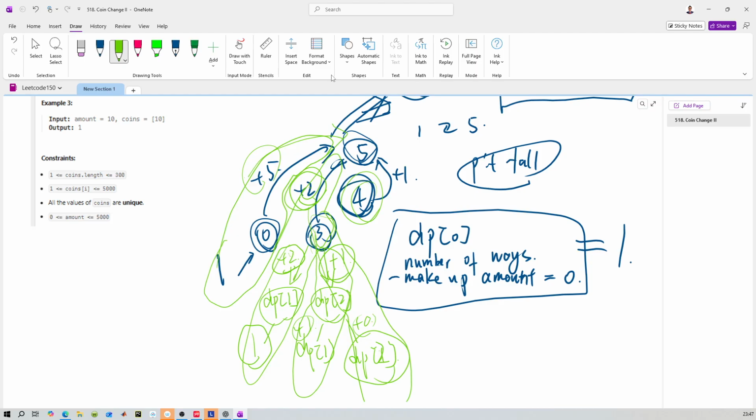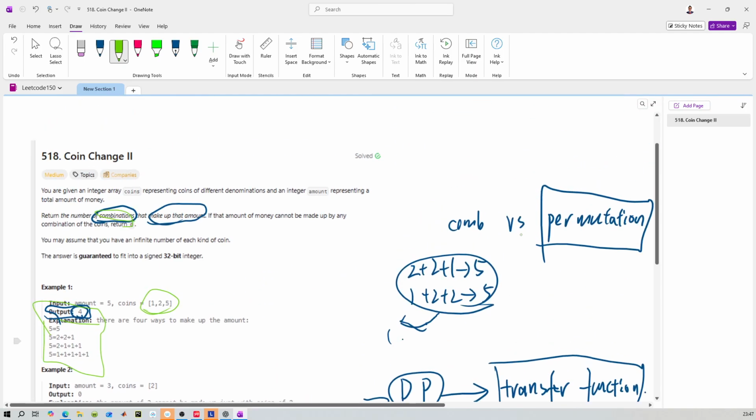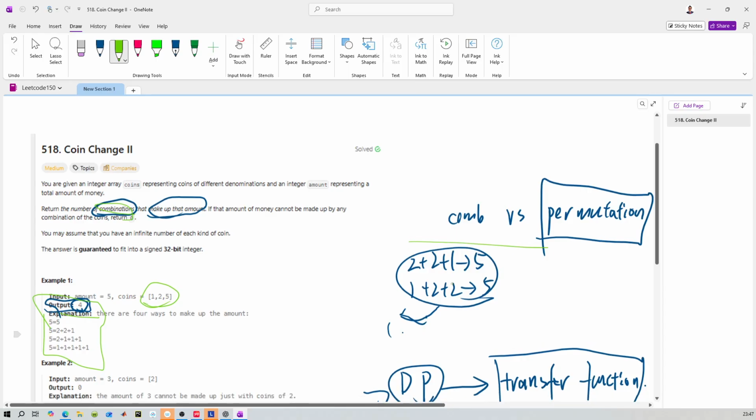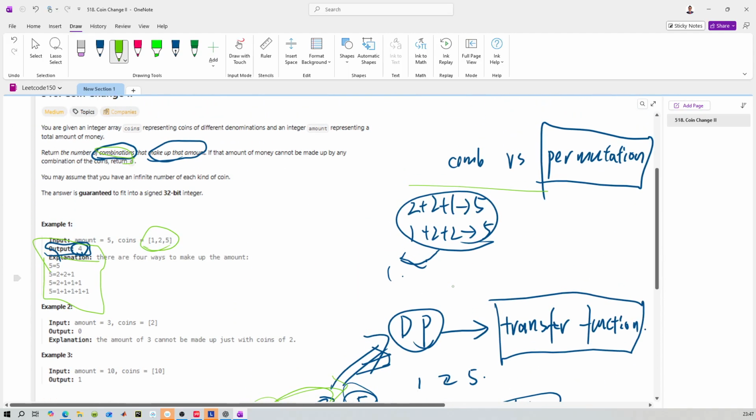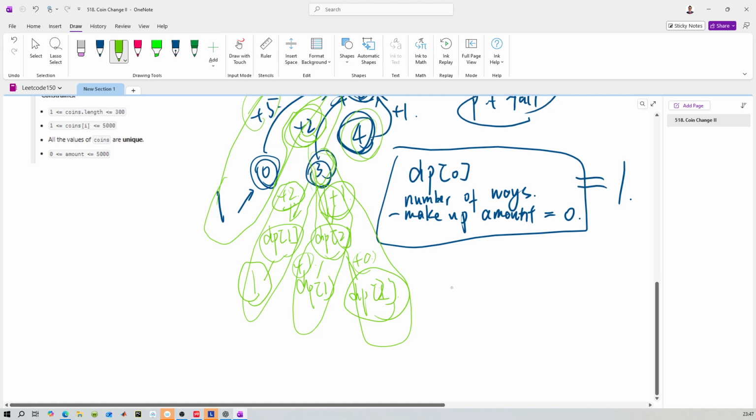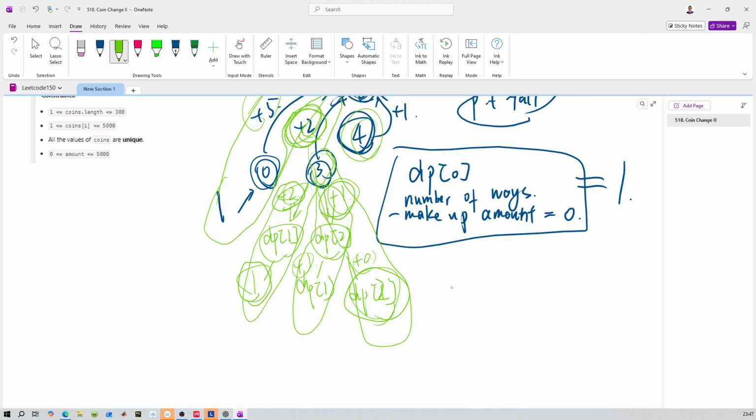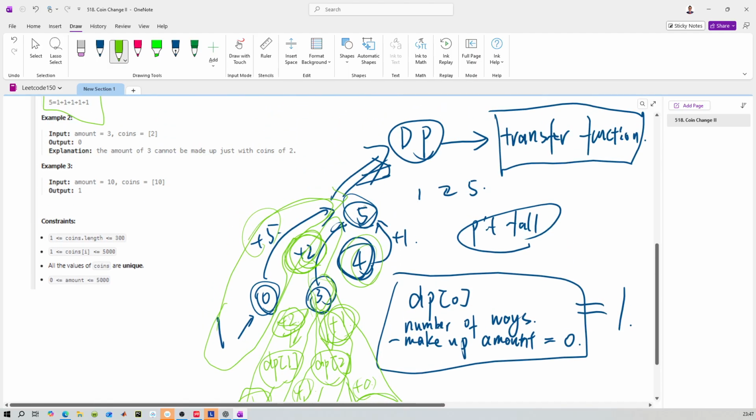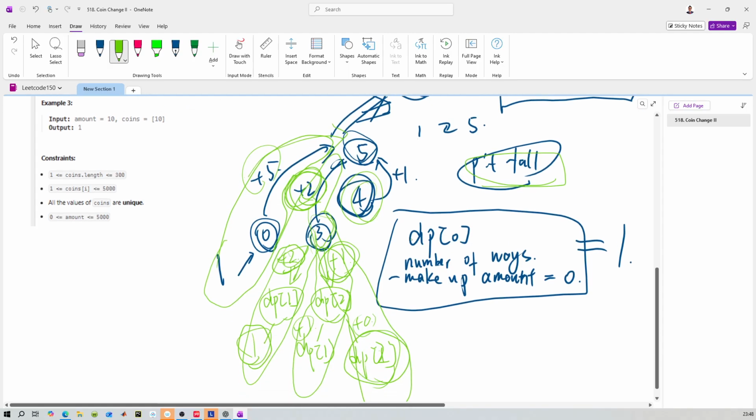And we have already talked in the above section that permutation treats 2, 2, 1 and 2, 1, 2 as different solutions. That's what we are doing here. So we fall into a pitfall of solving a combination problem using a permutation type of approach.